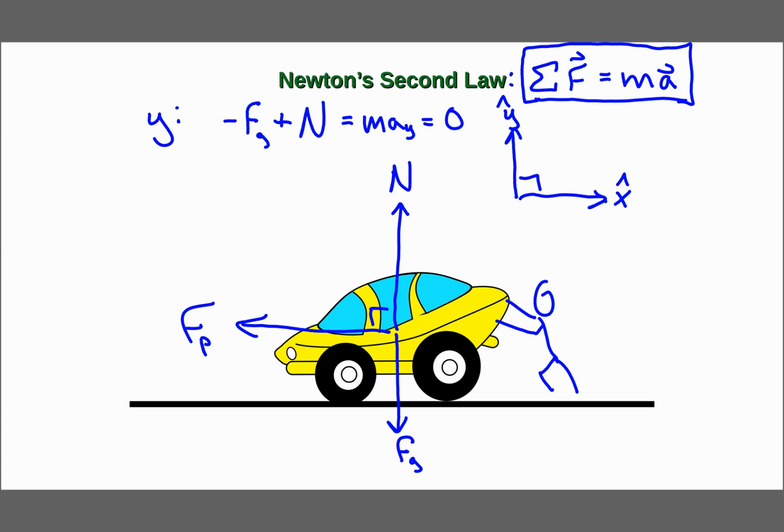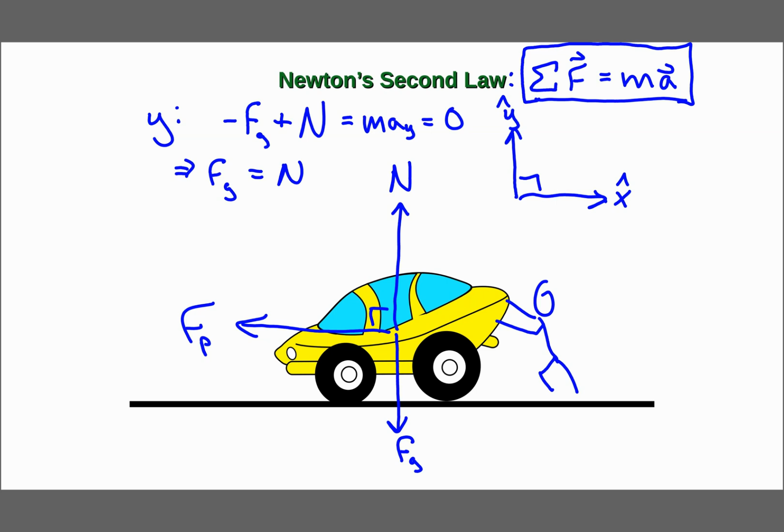So I have gravity pulling down and the normal force pushing up, and those are all my forces in the y direction. And the forces in the y direction are independent of the forces in the x direction. So the sum of these forces is still 0. And that still tells us that Fg must be equal to N.